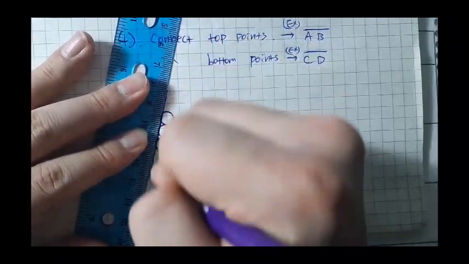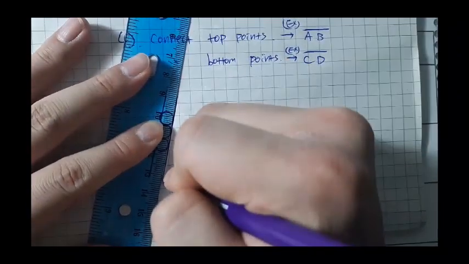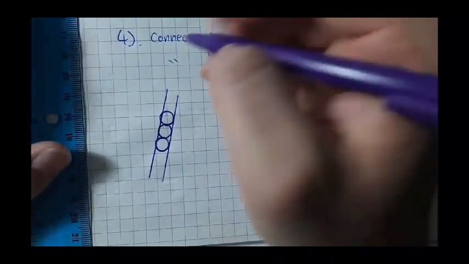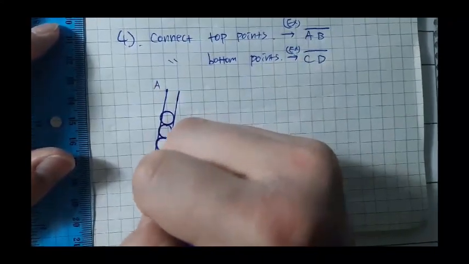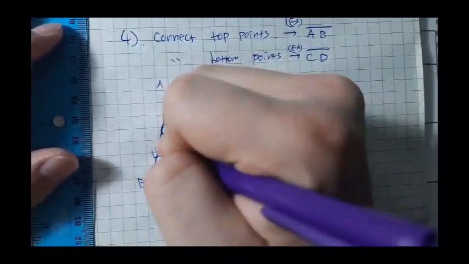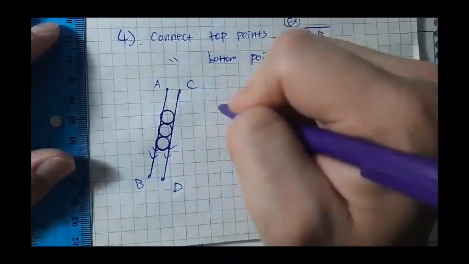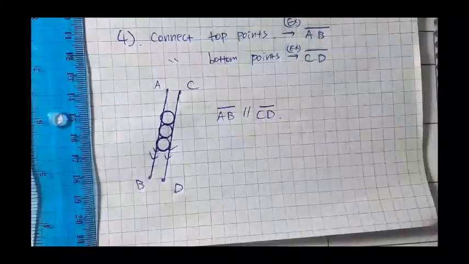When I connect the line like this, connect the line like that, you will notice that this A, B, C, D, these lines are parallel together. Like that.